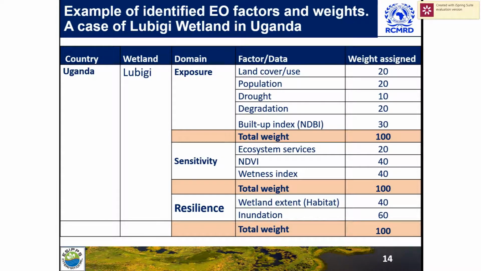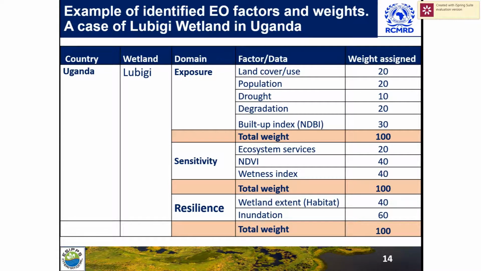What is very important is that the total weight for each domain has to add to 100 and not less or more than 100, because each has to be either in a percentage or on a scale of 1 to 9. So it has to add to 10 if you're using 1 to 9, or if you're using 0 to 10 to 100 as your scale of weighting the data sets.